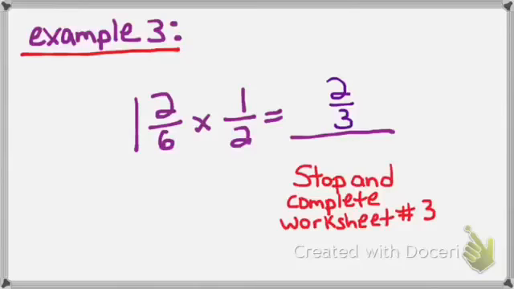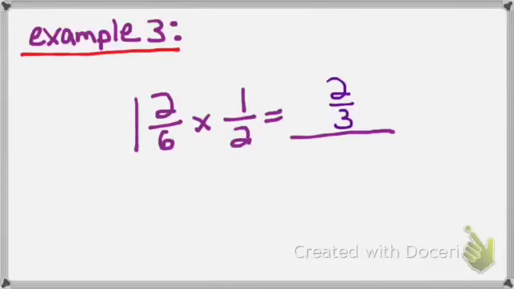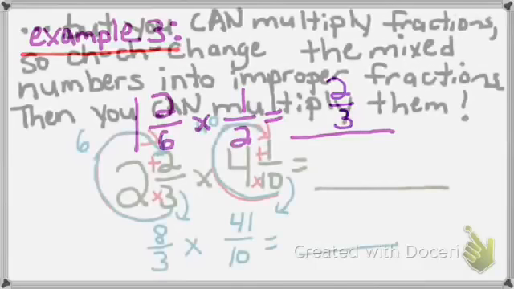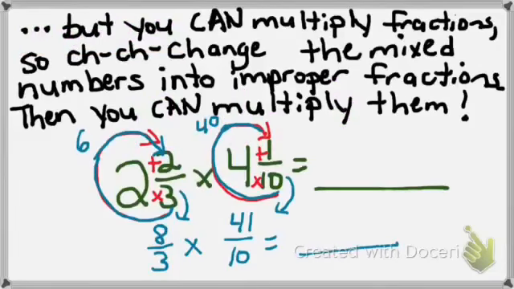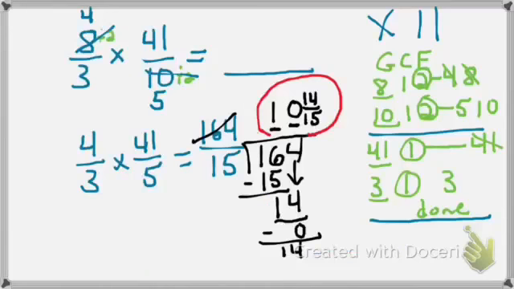So let's review. Remember, I cannot multiply by mixed numbers, but I can multiply by fractions. So if I have a mixed number, we know I need to do my changes. And once I've changed my mixed numbers into improper fractions, I use the GCF to fully simplify with the X11 pattern, and then I can go ahead and multiply numerator times numerator, denominator times denominator.